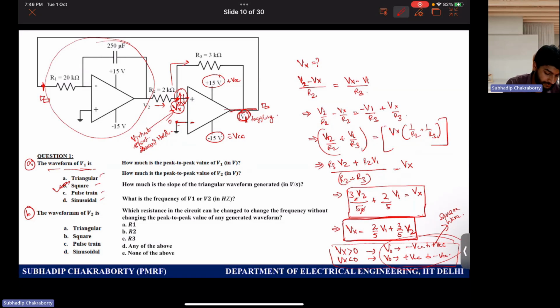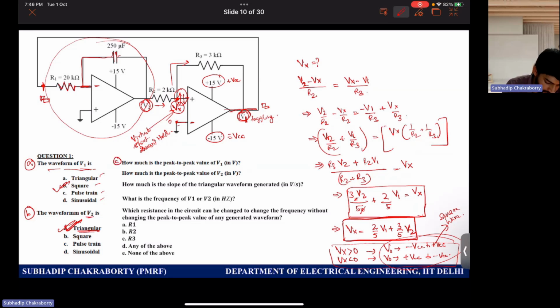If this is the input, this is basically an integrator circuit where you see a resistance and a capacitance connected to the negative port, that is the inverting port of the op-amp. So this is an integrator circuit. If you know the incoming input signal is a square wave, you can obviously comment that the output of this stage, which is an integrator, will be a triangular wave. So option A is correct, which is triangular wave. So V2 should be triangular wave.